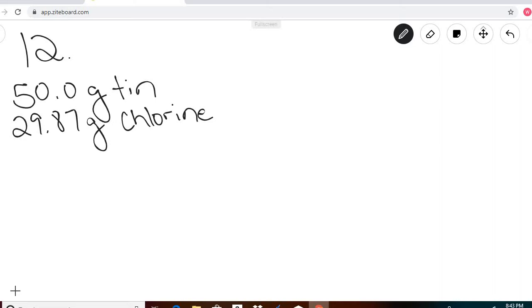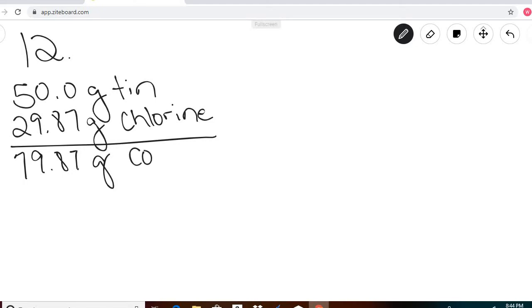And there are no leftover of either element. Okay, so if there's none left over, then that means that the total mass of the compound that we end up with when following this reaction will be 79.87 grams. So we'll call this compound A.